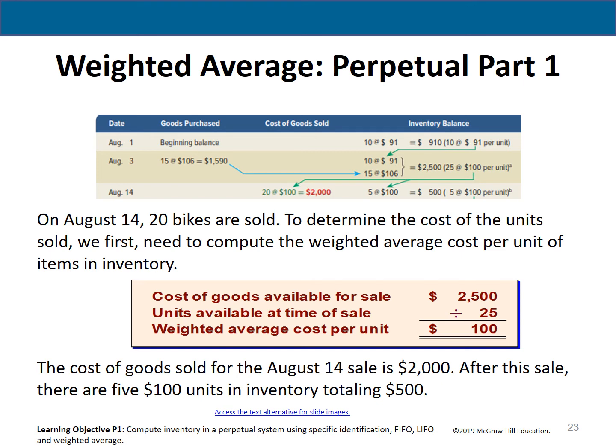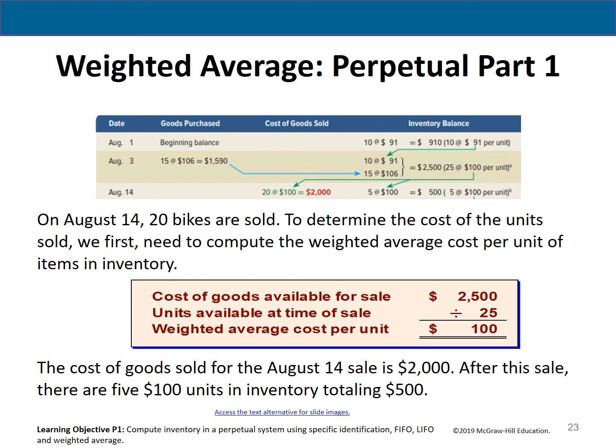So what does this mean? Well, we don't go $91 plus 106 divided by 2. No, that's not how you find average cost. What you do is you take the total cost of everything you own before the sale. You can see there on August 3rd, the total cost of all of the bikes was $2,500, 10 at $91 each and 15 at $106 each.